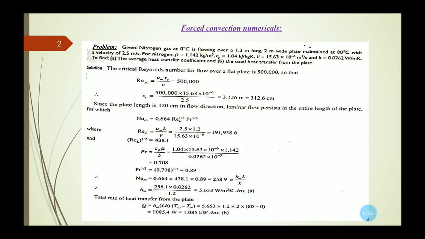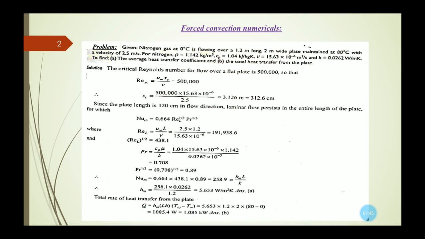Now Prandtl number we need to calculate using this formula, that is mu Cp by k. Now mu is the dynamic viscosity. So as we know the density and kinematic viscosity, we can easily calculate the value of mu.